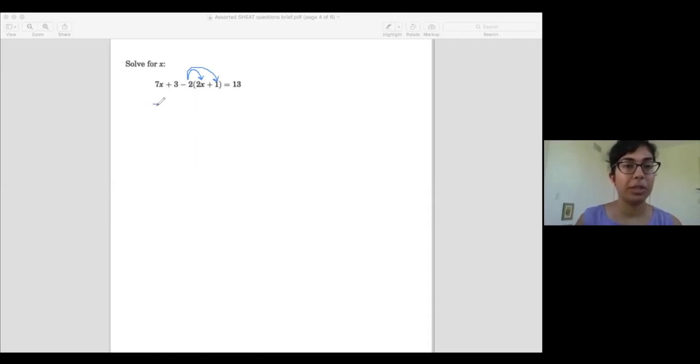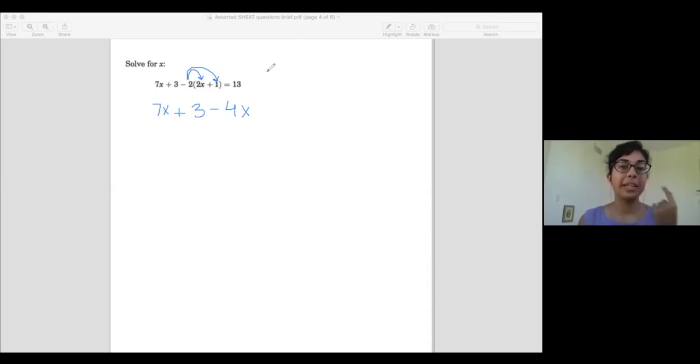So what do we end up with underneath? This is going to be messy. Zoom handwriting. 7x plus 3, we just write that the way it was already. -2 times 2x, so that's -4x, and then -2 times +1.